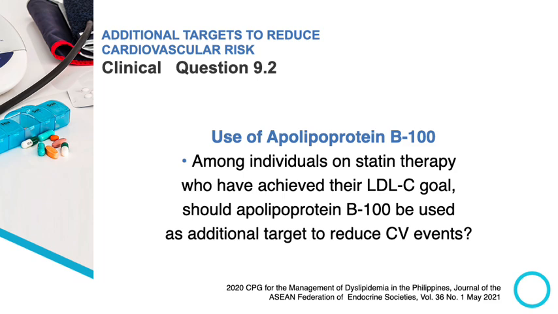Another clinical question regarding the use of apolipoprotein B100 as an additional target to reduce cardiovascular risk is: among individuals on statin therapy who have achieved LDL-C goal, should apolipoprotein B100 be used as additional target to reduce cardiovascular events?